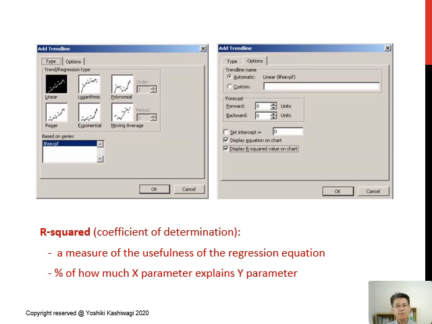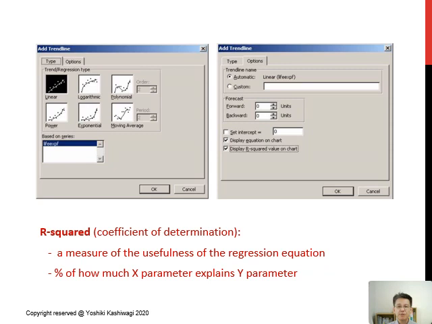But before moving to the next slide, I'd like to highlight the word R-square. This index is used for regression analysis. It is in general called R-square, but the official name is the coefficient of determination. In Japanese, 決定係数.